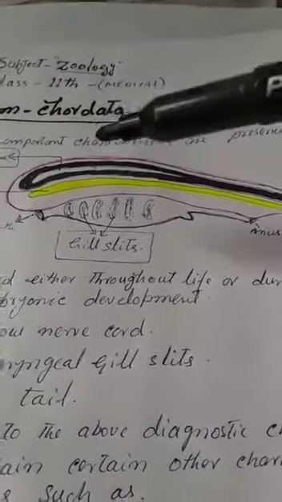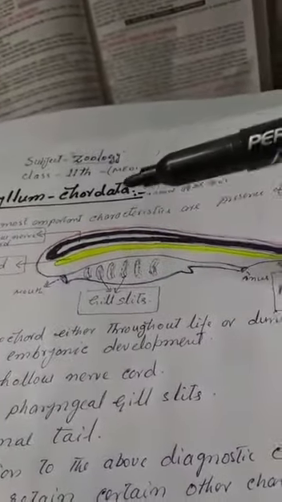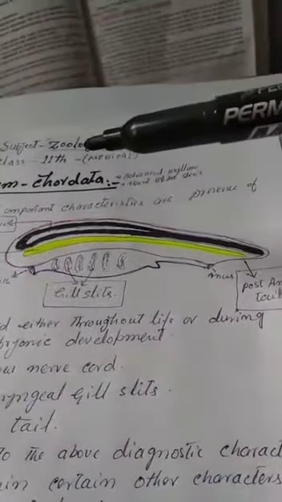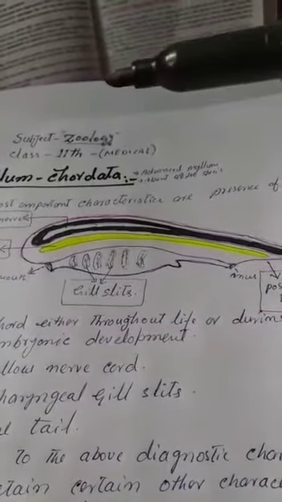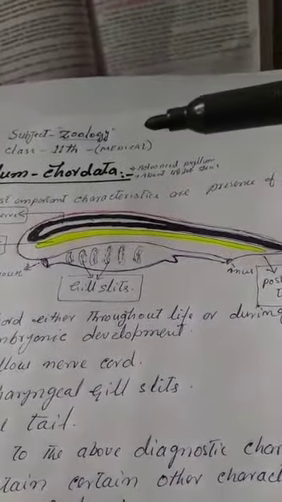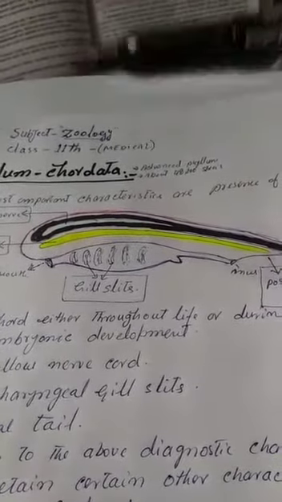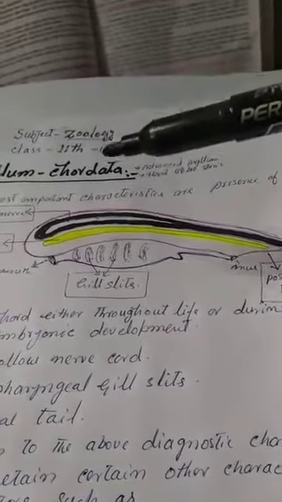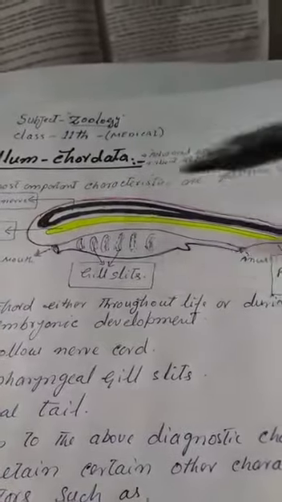They also exhibit an organ system level of organization, and they have a closed type of circulation with a ventral heart, and an oxygen transporting pigment, the hemoglobin, present within the corpuscles. Also, they have a complete digestive system with a mouth and an anus, and possess a tube within tube body plan.